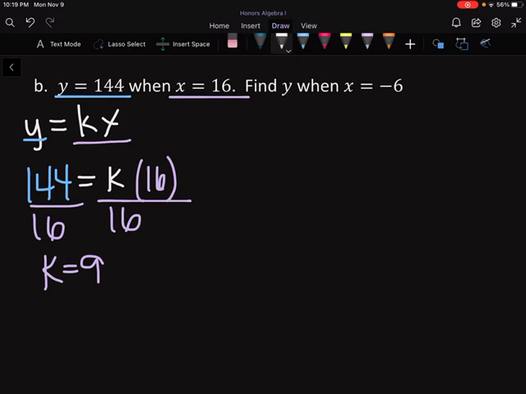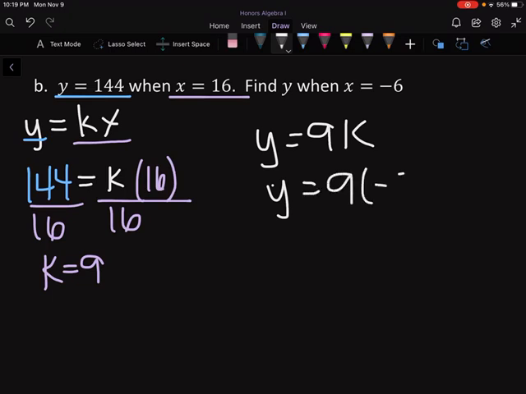So my equation is y is equal to 9x. And then it asks us to find y when x is equal to negative 6. So that's easy, right? So y is equal to negative 54.